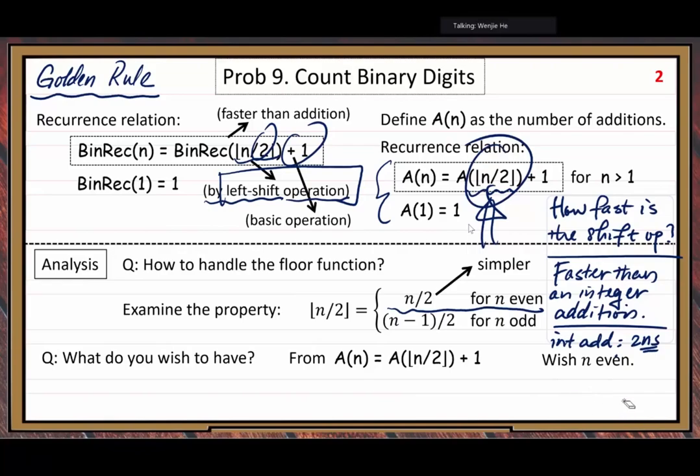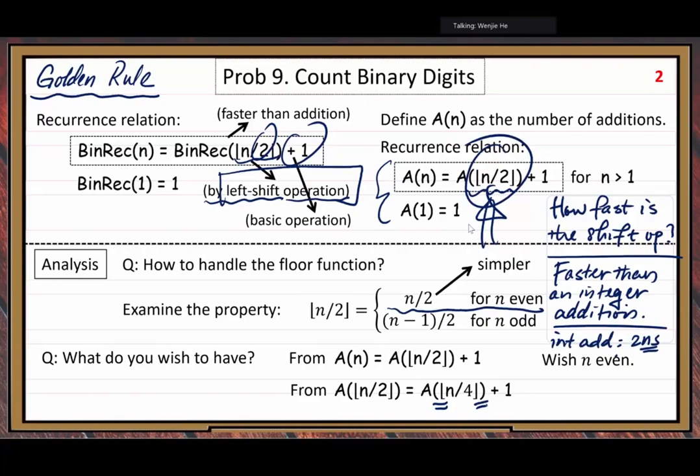Then, that's just the first round. When n is even, we can remove the floor function. But how about the next step, right? Because when we do this recursive function call, we need to call it many, many times. The next round, when we call it, we have a new floor function case we need to apply. And n over 4 may not be an integer, so we have a sticky point again.